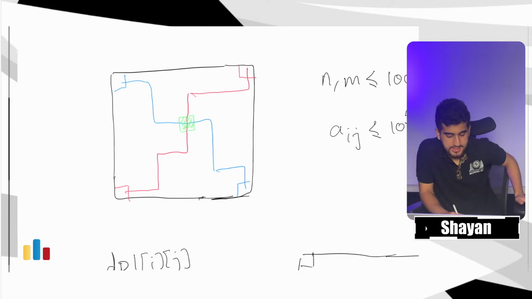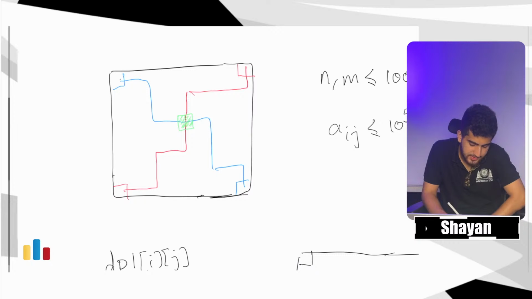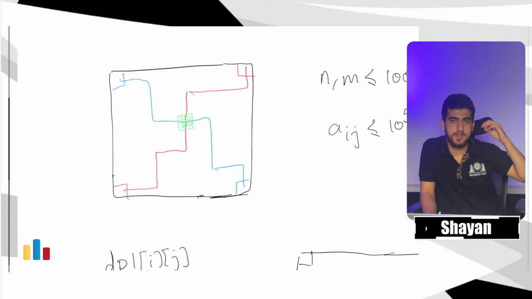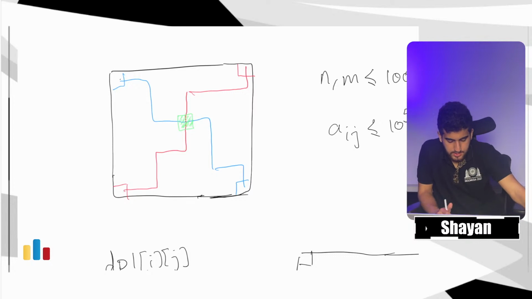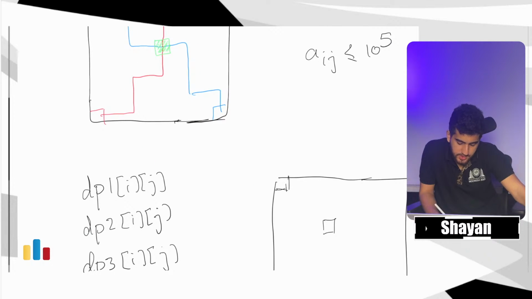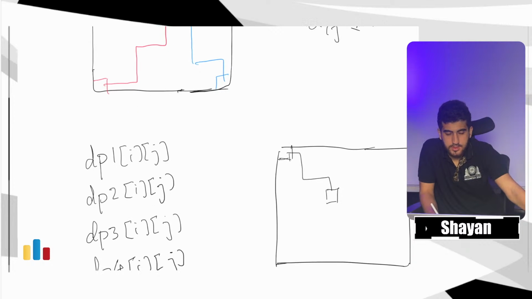And do not forget that the blue path can only go rightward and downward, and the red path can only go rightward and upward. So dp1 of i and j means that if I start from the top left corner and I want to end up at cell i and j, what is the maximum cell sum that I can have? And each time I can go only either rightward or downward.